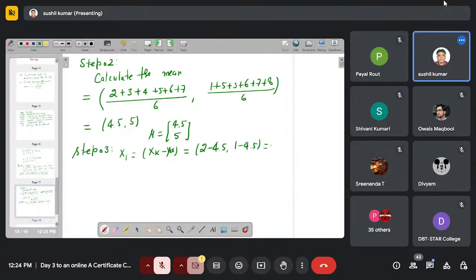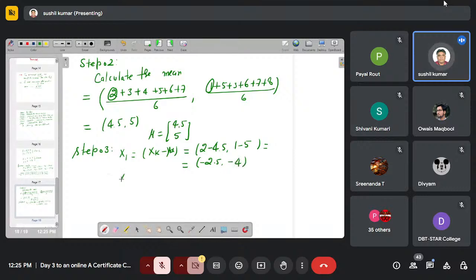Sorry, this is not 4.5 here, this is 5. So it will give you minus 2.5 and minus 4.